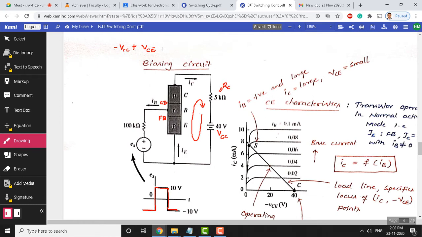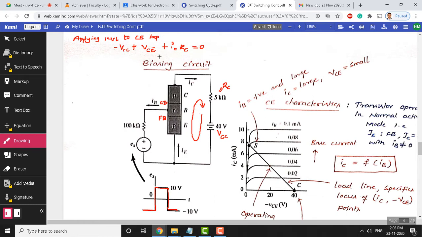Therefore, we can write plus IC times RC, and this is equal to 0. This is the KVL equation, obtained by applying Kirchhoff voltage law to the collector emitter loop.